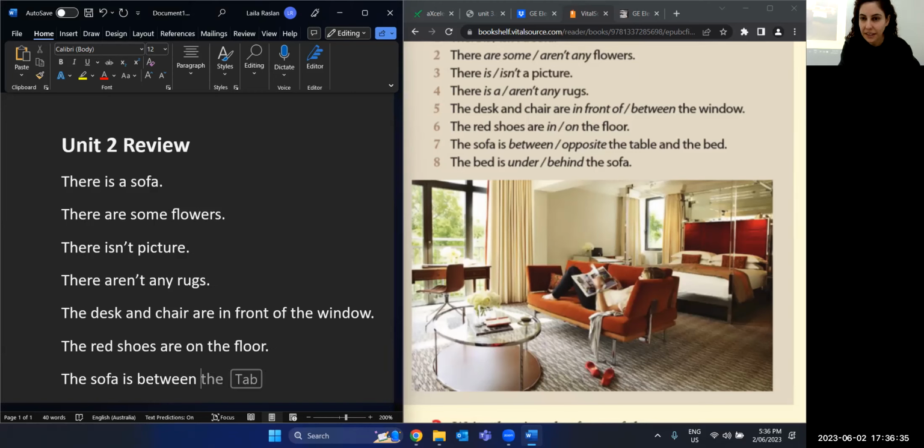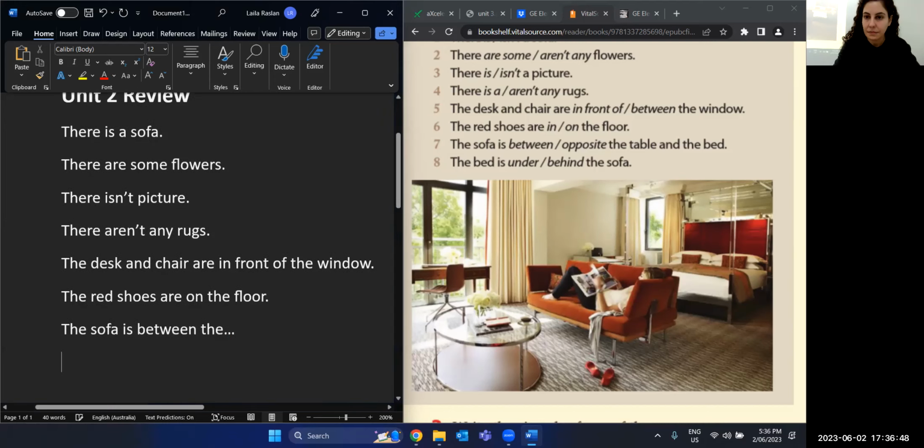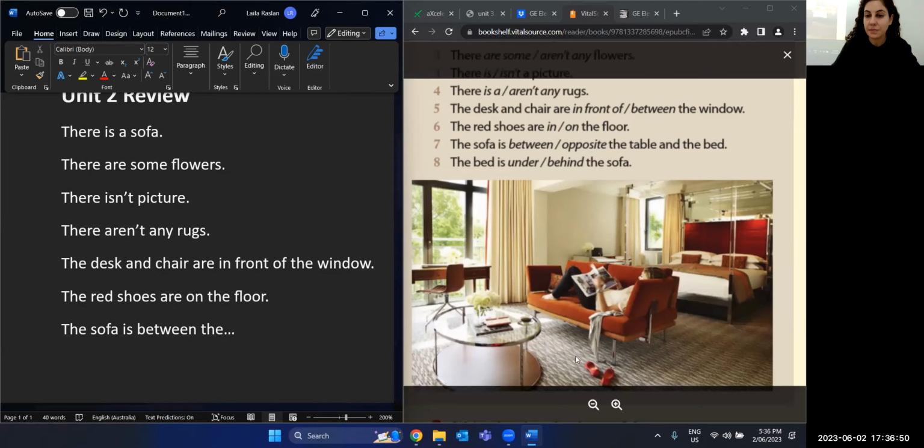The sofa is between the table and the bed. Yes. It's between, in the middle. The sofa is between the table and the bed.